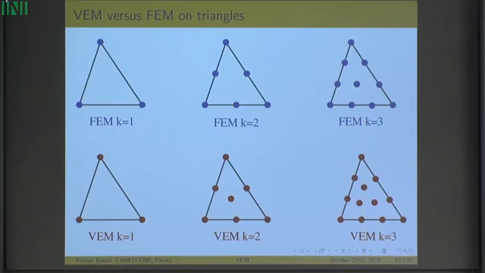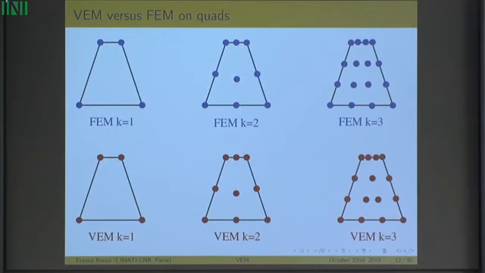And, well, on quadrilaterals, it's not so bad. But, for instance, with finite elements, you might do some trick in order to get rid of some internal degrees of freedom. Here, actually, the whole lecture is dedicated to how to get rid of the internal degrees of freedom.